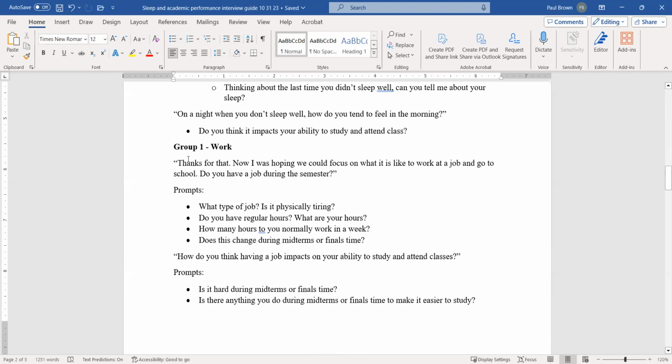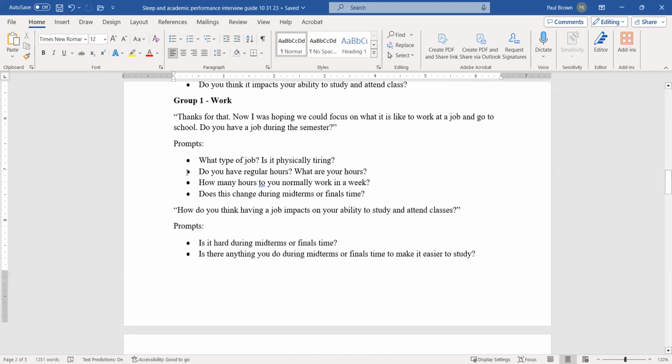So I'll separate these questionnaires into 3 different questionnaires. If you're doing the work one, you just go to the work questionnaire. If you do the environment one, you go to the environment questionnaire. And if you do the distance one, you go to the distance questionnaire.